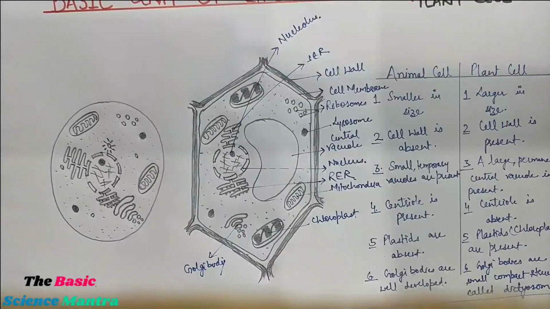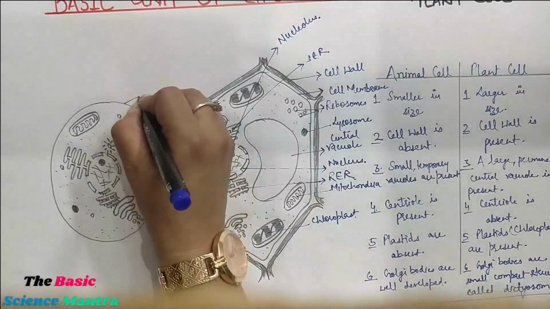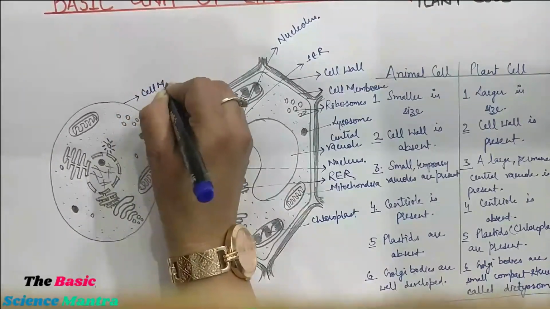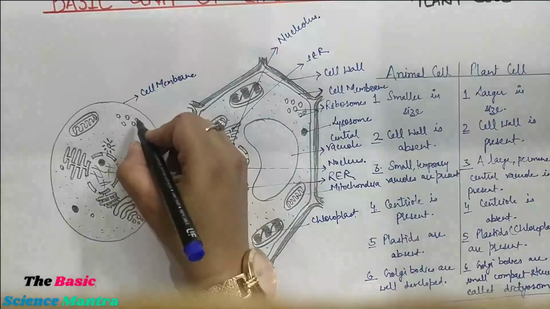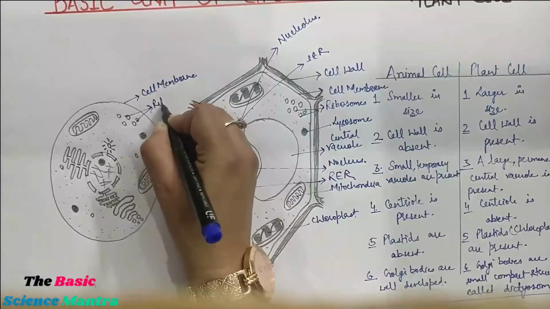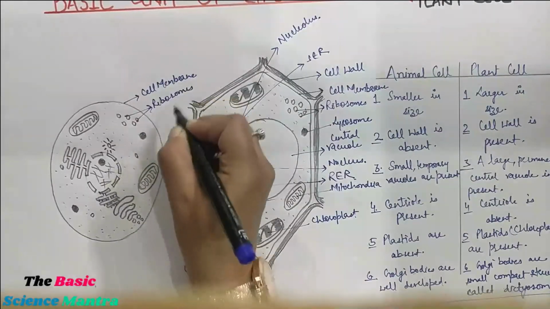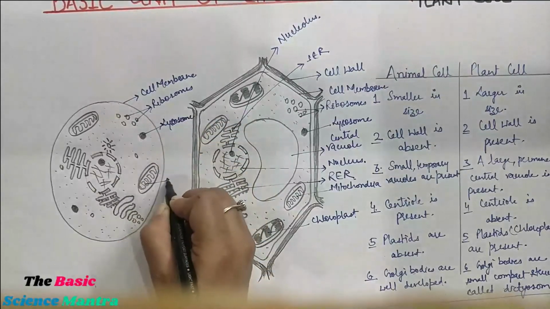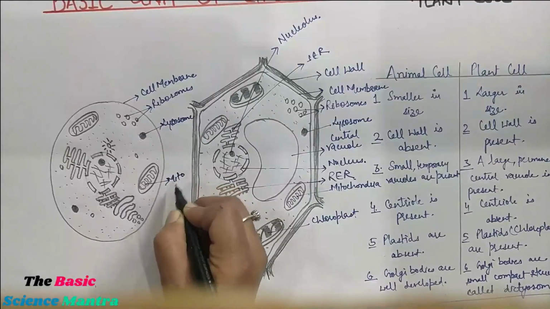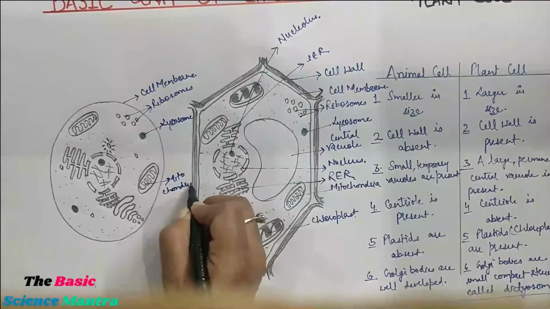Now in the animal cell, this is the cell membrane, or you can also call it plasma membrane. These are ribosomes. This is lysosome. This is mitochondria.